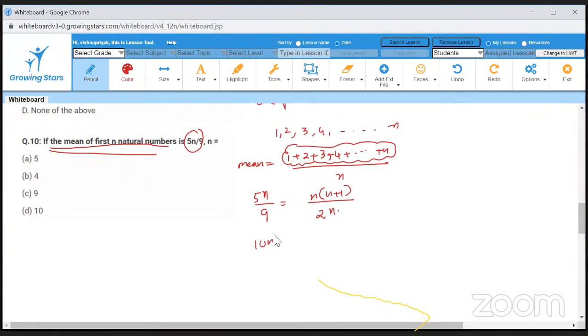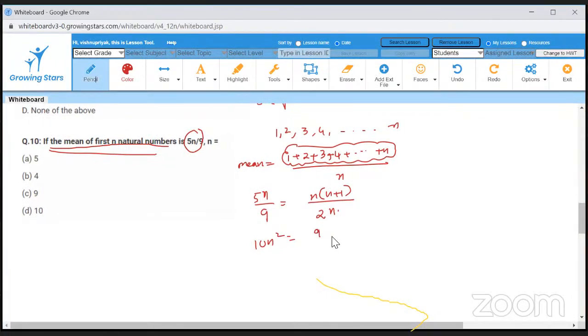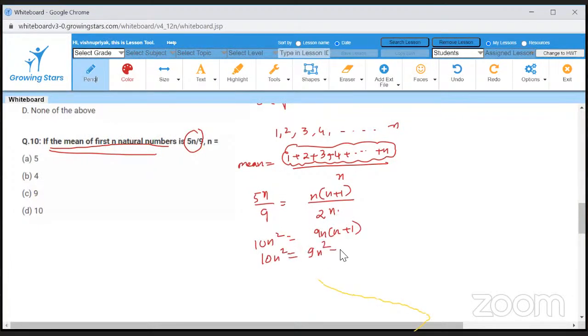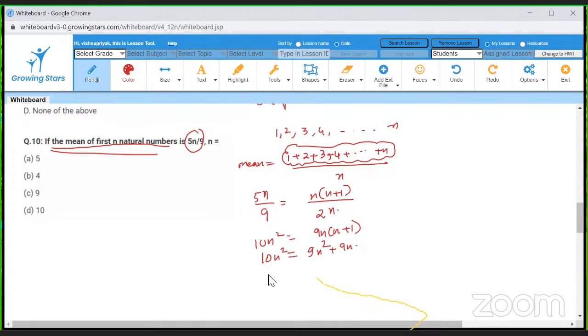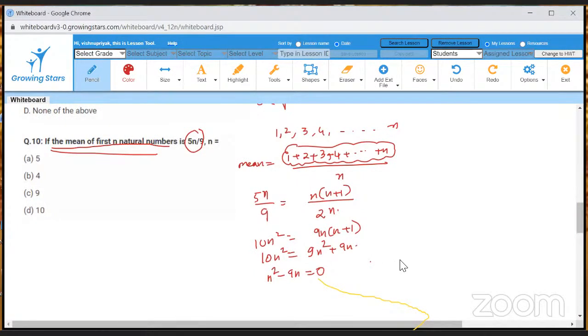So you can take 10n square equal to 9n square plus 9n. I will do it stepwise. 10n square equal to 9n into n plus 1. 10n square equal to 9n square plus 9n. 10 minus 9, n square minus 9n equal to 0. n common, n into n minus 9 equal to 0. n will be 0 or n equal to 9.